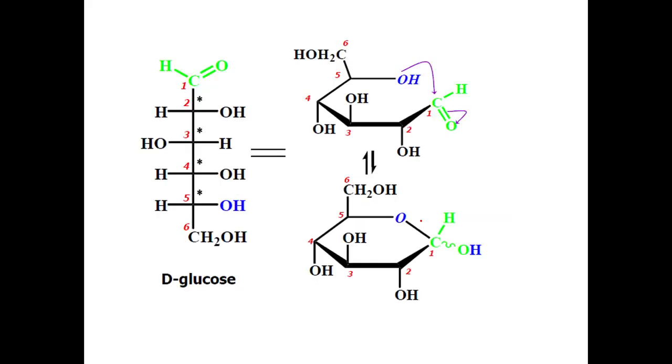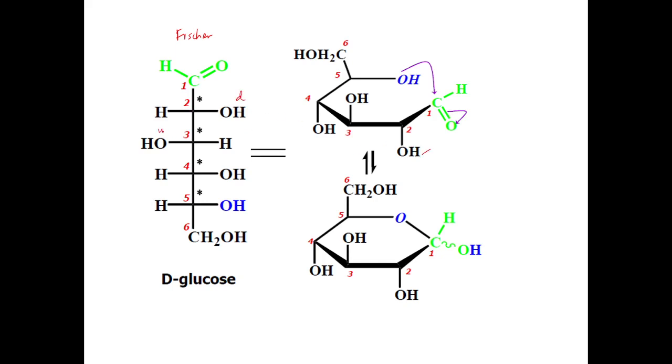So, paano natin idodrawing? This one is what we call your Fischer projection, di ba? Then, this one is your Haworth. So, take note of the orientation. Yung ating OH, ito, in carbon position number 2, ito ay nasa ilalim. So, that's why it is here, down.